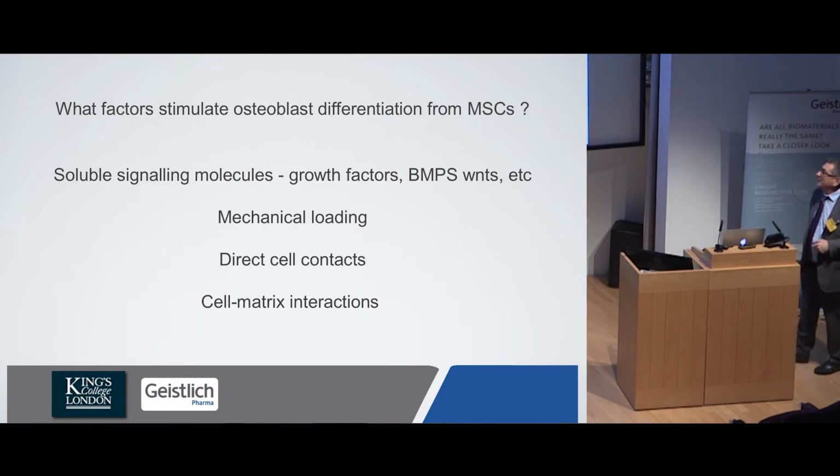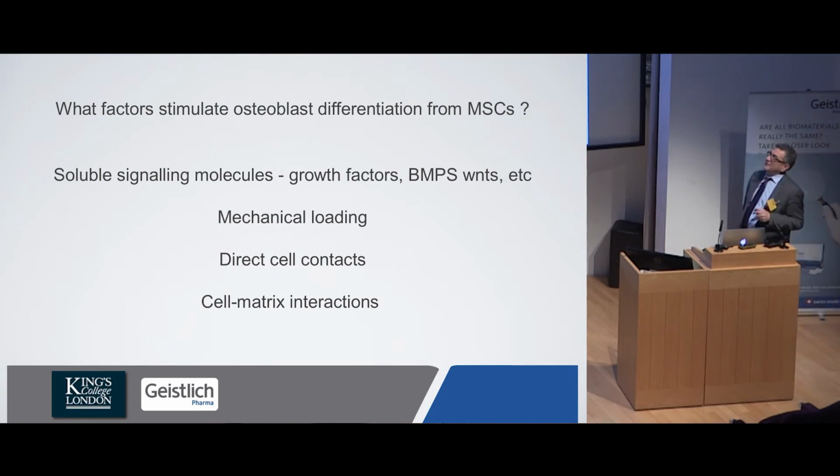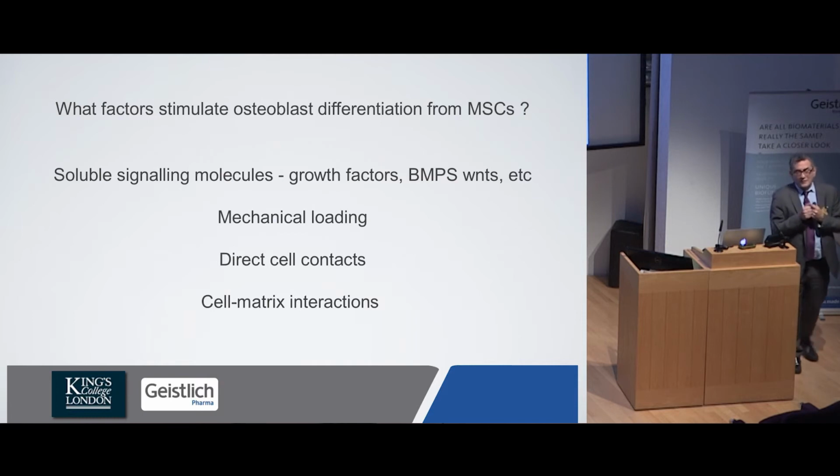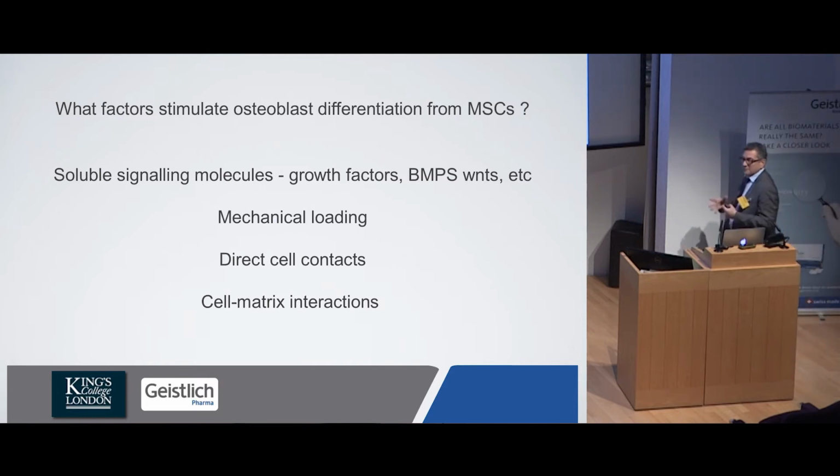But in addition to that, cells also get signals that regulate them, for example, by mechanical loading. So if you stretch a cell back and forth, it changes the genes that it expresses. And we have a good example of that coming up. The cells also talk to each other directly, and then they also get signals from the matrix with which they interact.